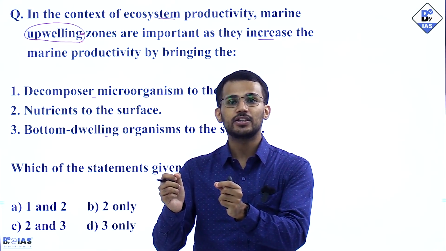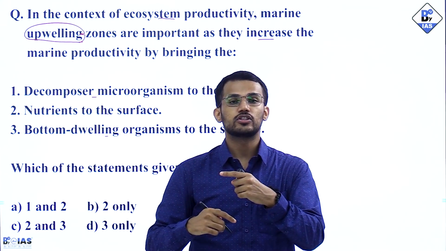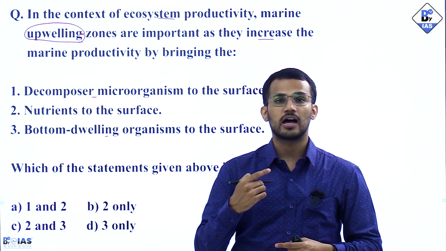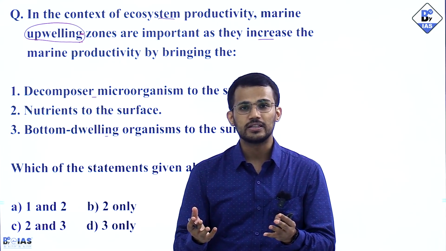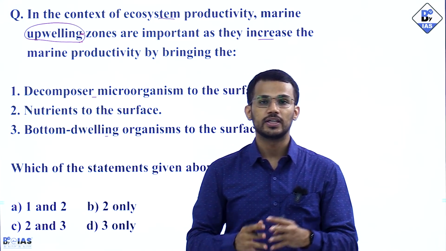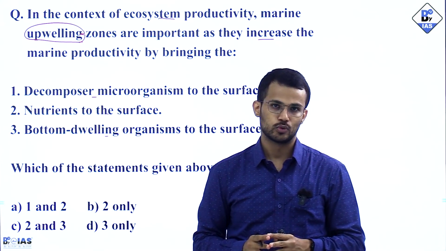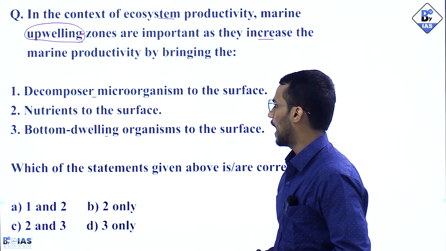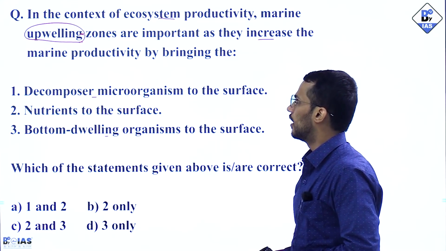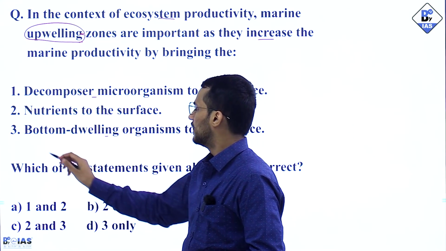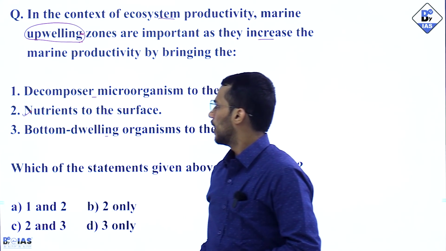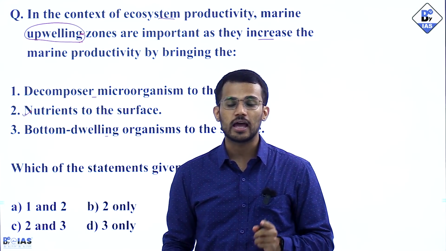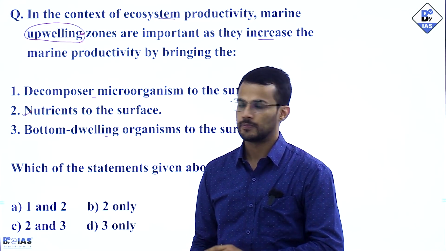With the availability of nutrients there is more growth of phytoplankton, and if phytoplankton are growing more, obviously there will be high productivity of those upwelling zones, which is mentioned in the question. So upwelling leads to an increase in nutrient availability at the surface.